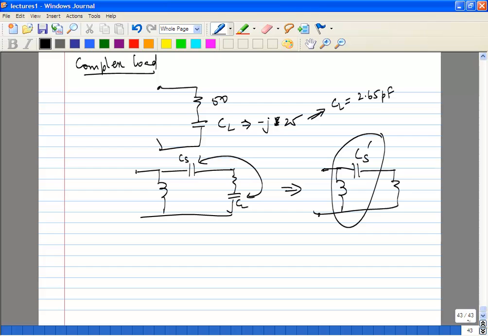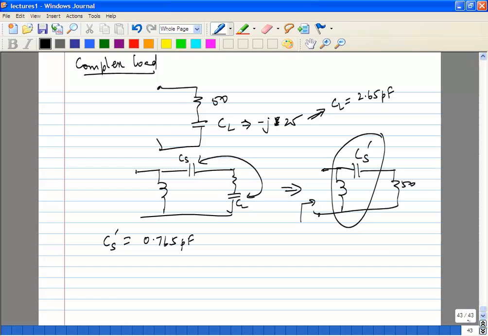So now the way to do it, as we saw last week, is to combine these two into a single cap. You know that 50 ohms is matched to 200 using a CS, let's say in this case CS prime. From our earlier work, that was 0.765, and I think this was 7.6 nanohenry or something.